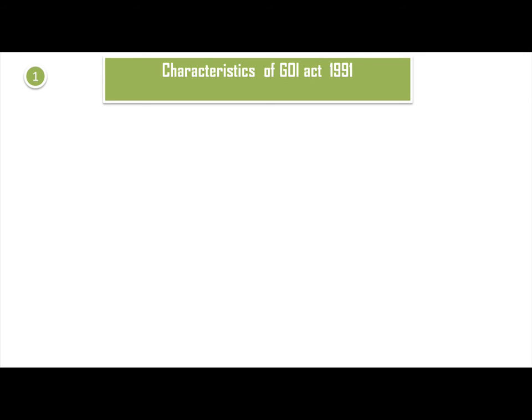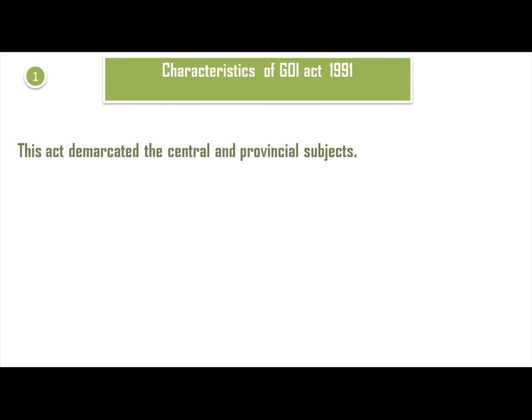Let us see what is the first one. This Government of India Act 1919 separated or demarcated the central and the provincial subjects. Even today in India, we have the central government and the provincial government.